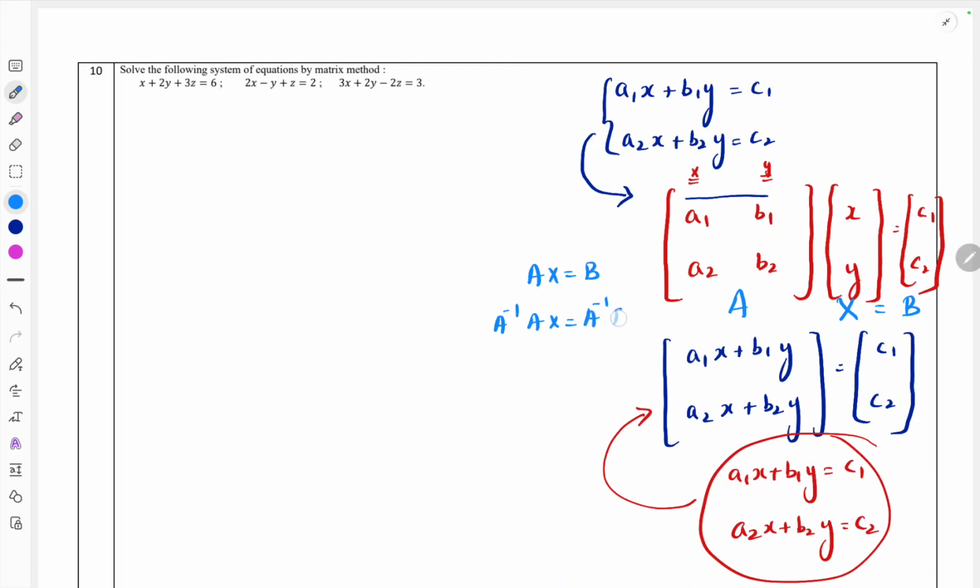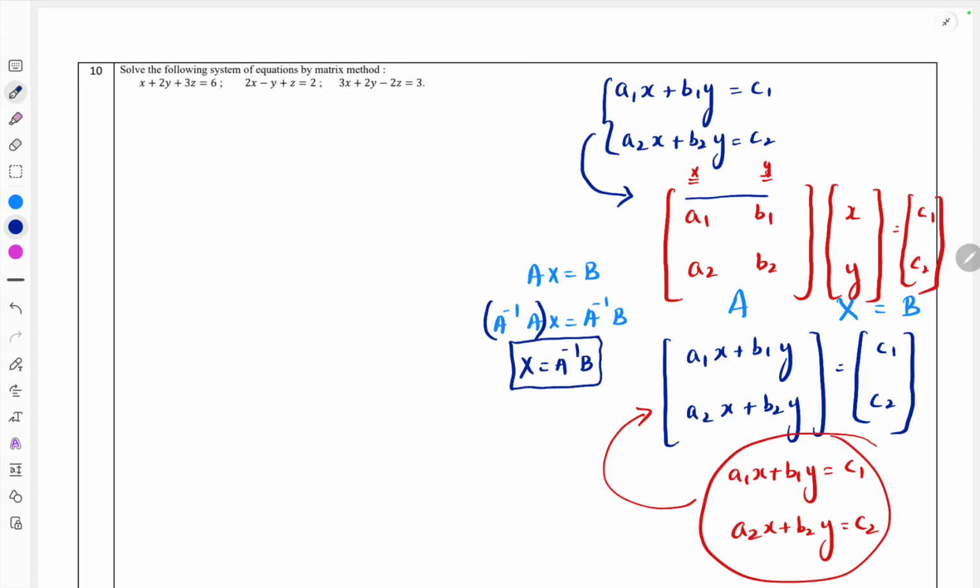So we have to pre-multiply by A inverse on both sides. Now since matrix multiplication is associative, A inverse into A is identity matrix. So identity matrix into x will be x itself. So x will be equal to A inverse B.